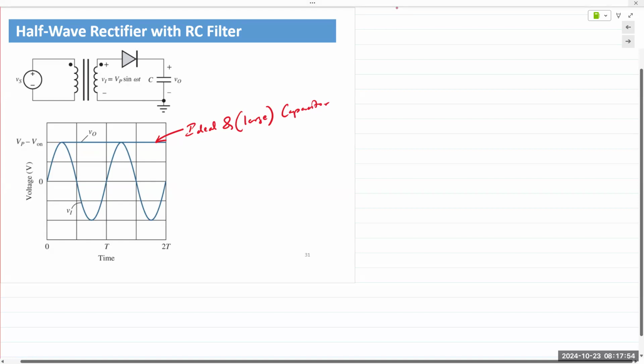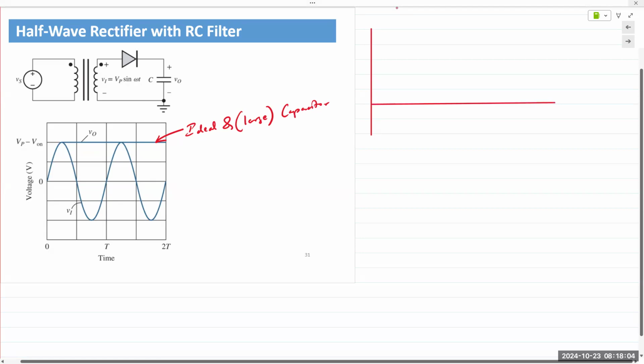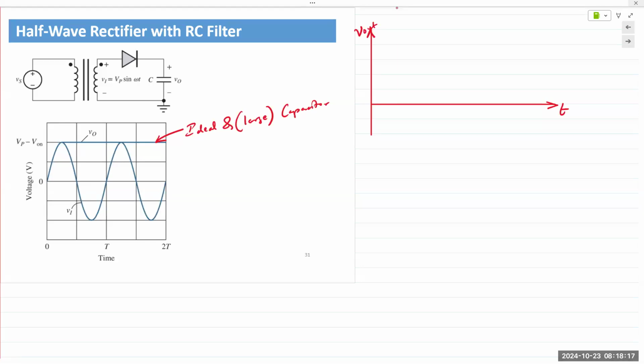And what the capacitor does is smooth out VDC by using the energy storage and energy transfer phase of its analysis.